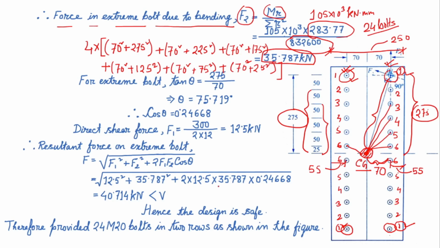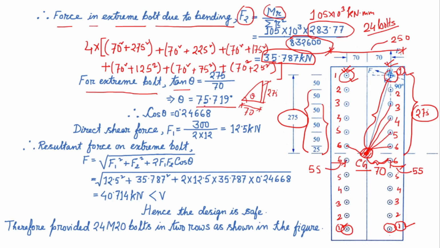Okay, for the extreme bolt, tan theta is 275 by 70, means it is the vertical distance over the horizontal. So in this way, this is 275 and this is 70. So this is theta.